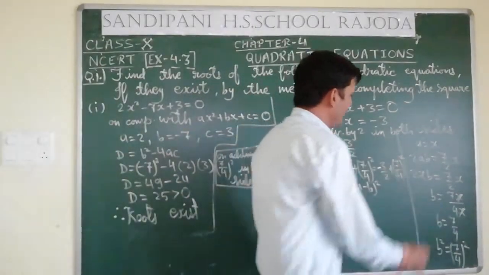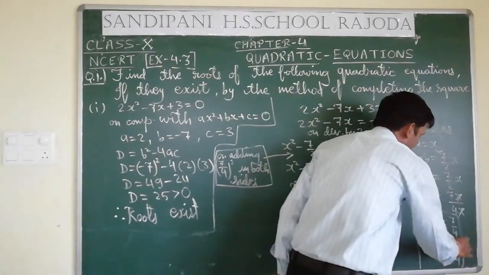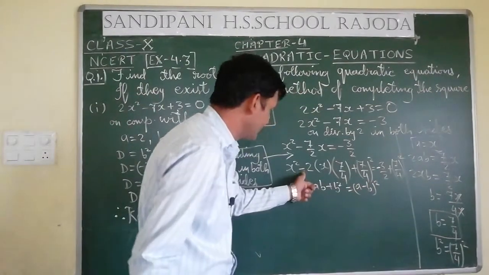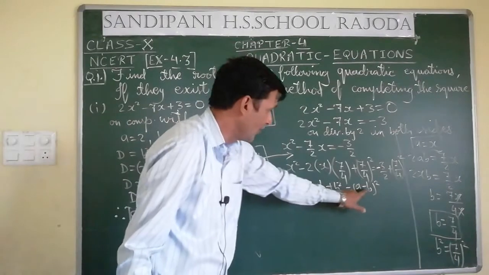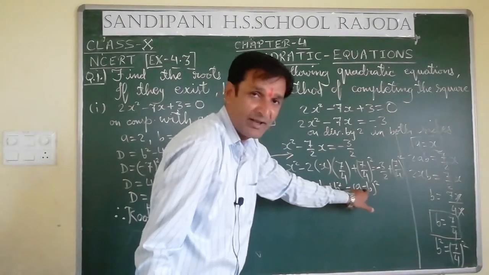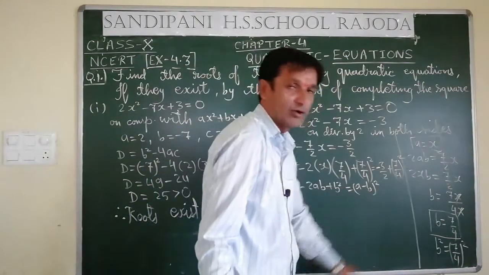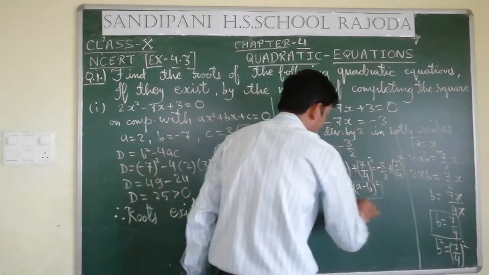The a and b values we know very well. This is the value of a and this is the value of b. So (a minus b) whole square, because here it is minus. If it was a positive sign, then we would apply the formula (a plus b) whole square. So this is the formula which we have applied here.